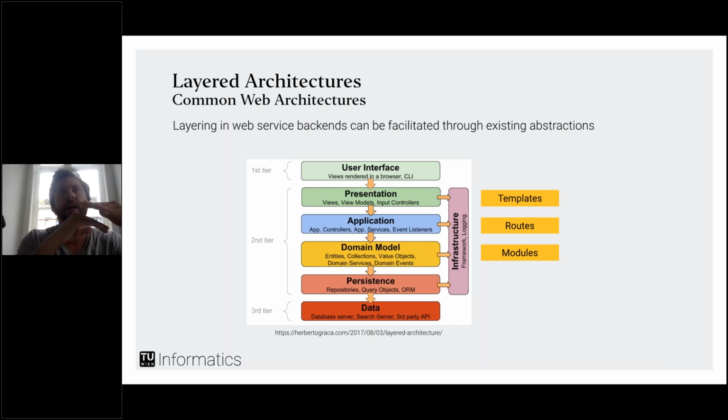And the principle here is that one layer doesn't necessarily need to know about the other. So the bottom layer doesn't need to know about the top layer. The domain model can be used by others, and doesn't need to know what kind of application models they're part of. Same with the presentation: there's some logic going on that I'm dealing with in the application model, and the presentation layer doesn't really need to know about that.